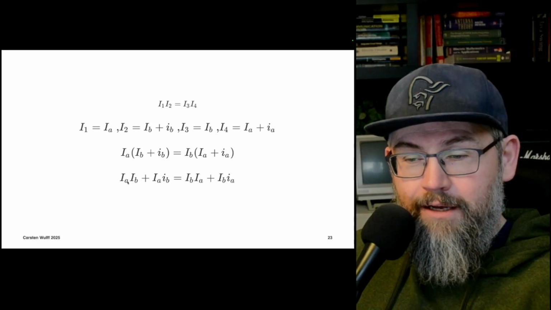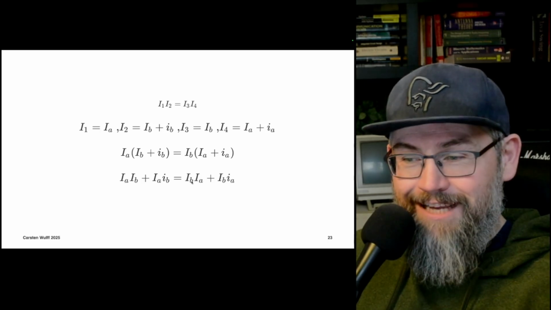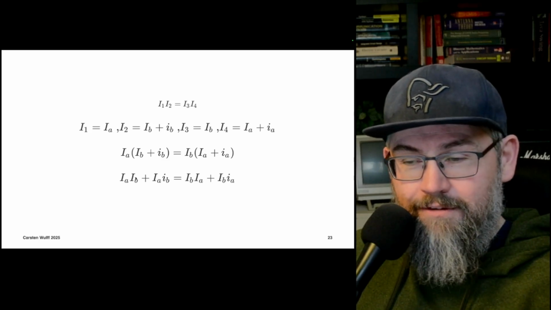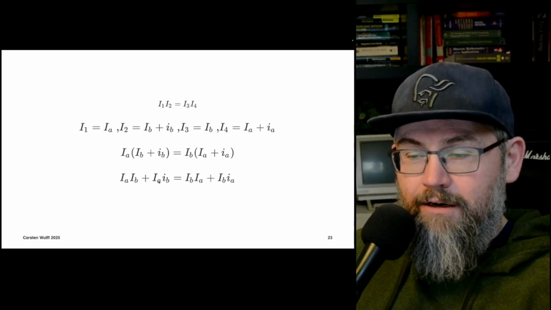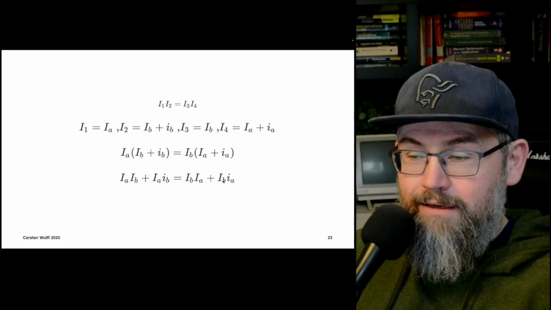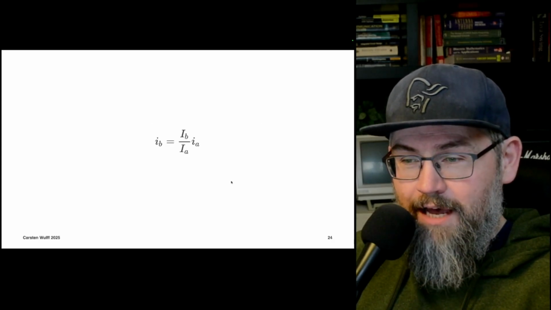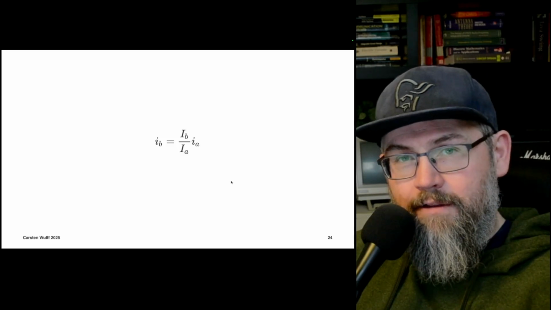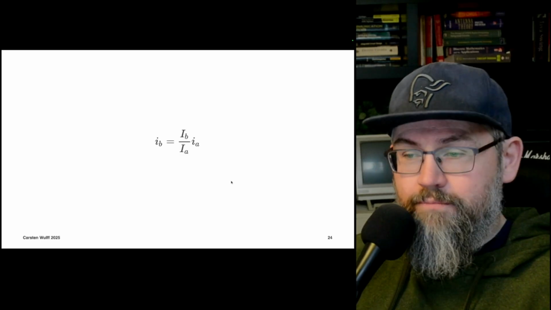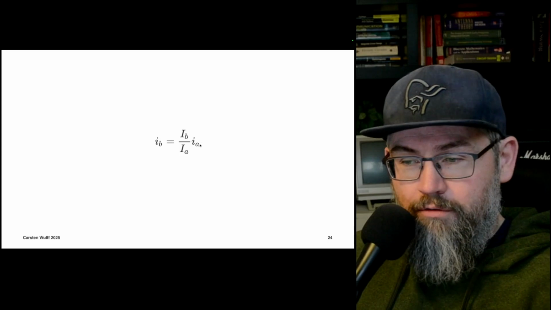So big IA, big IB, and I have the same thing on the other side, big IB, big IA. I can cancel those two factors, right? And now I'm left with big IA times small IB is equal to big IB times small IA. And I can rearrange that. And now I get that the current small IB, this small extra current at the, let's call it the output, is a scaled version of the input current, small IA.